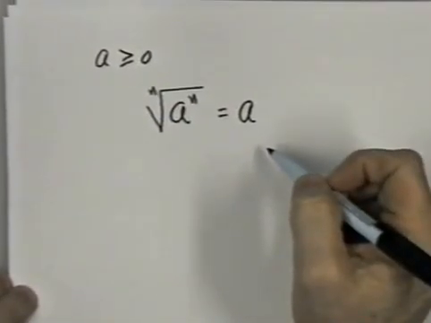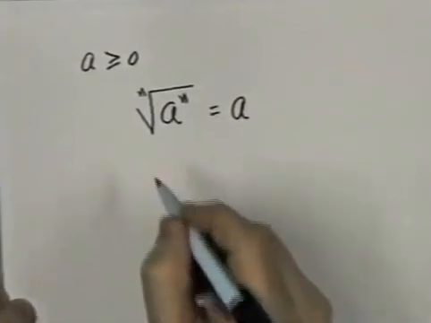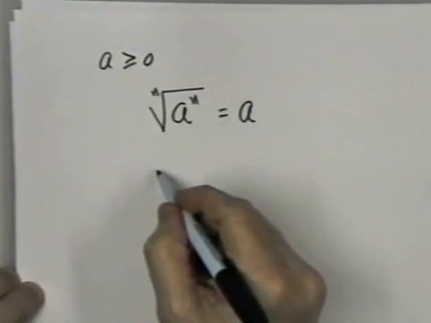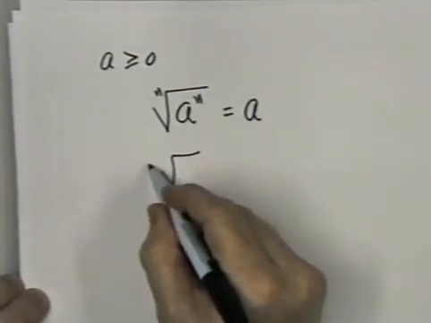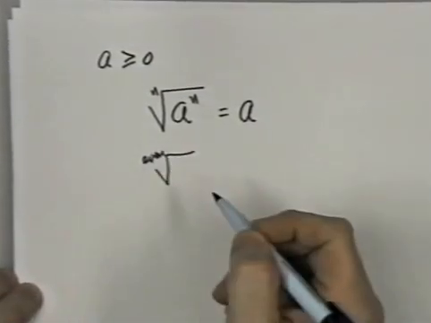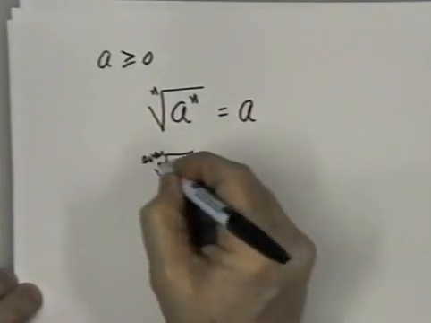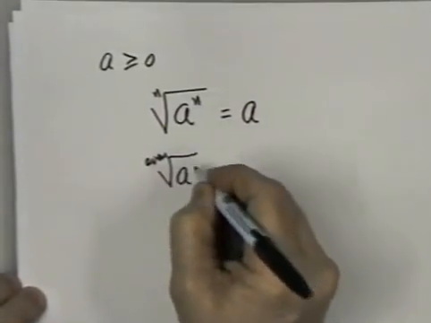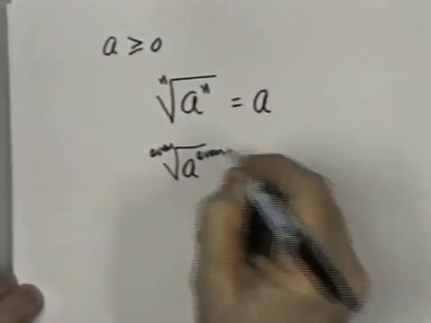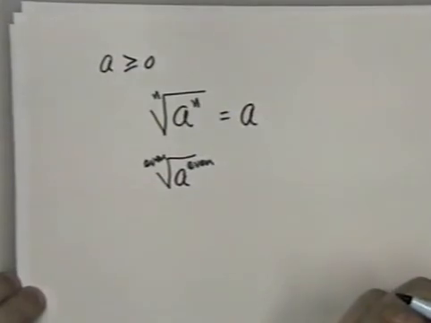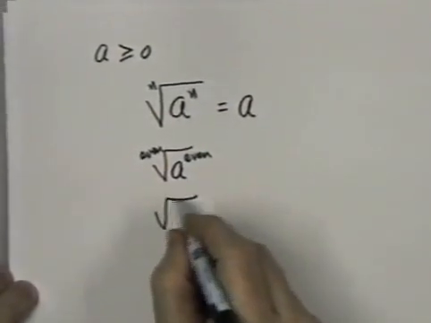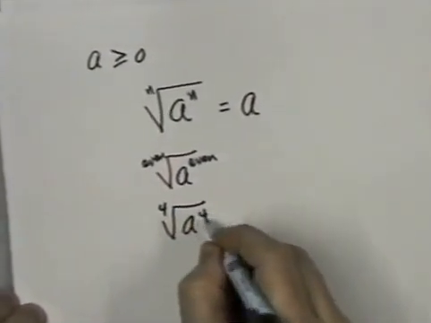We're eliminating the complication of when we have an even index and a is raised to that even exponent, such as the fourth root of a to the 4th power.